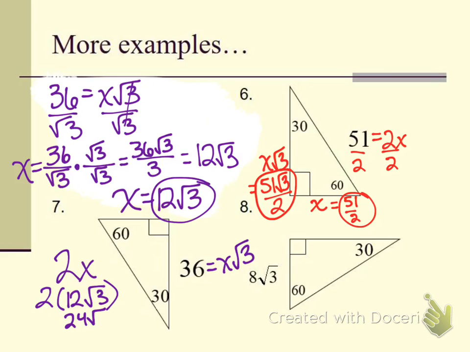Was there anything to multiply inside the radical? No. So it's going to stay a 3. 24 radical 3. It's kind of like multiplying 2x by 2 or 12x by 2. It'd be 24x. It's the same idea.